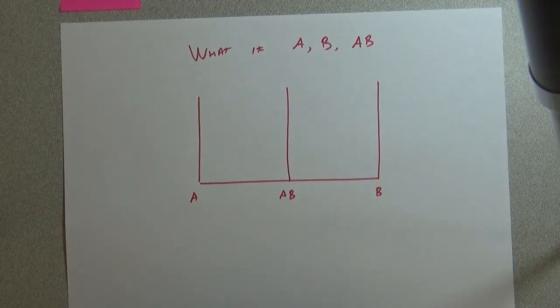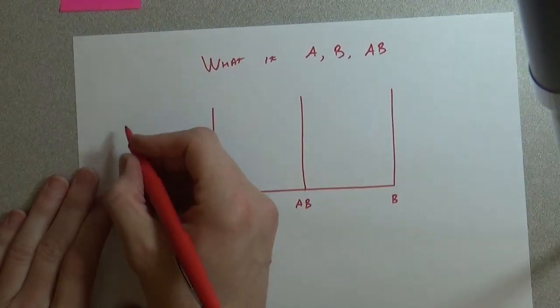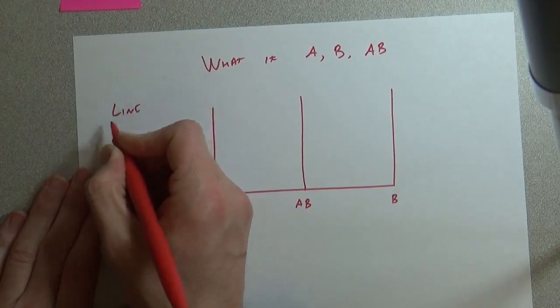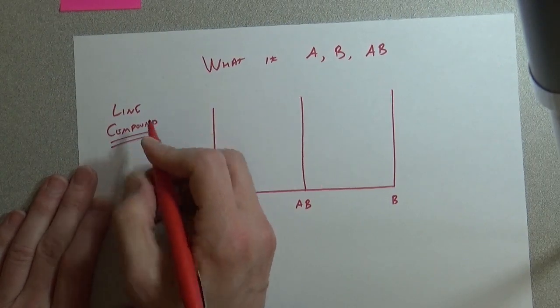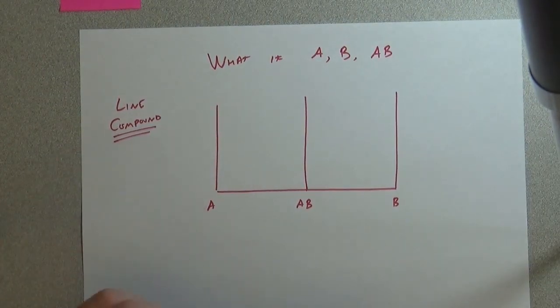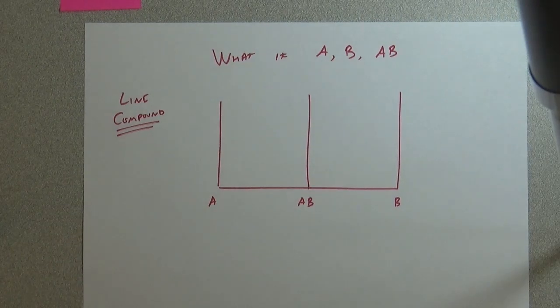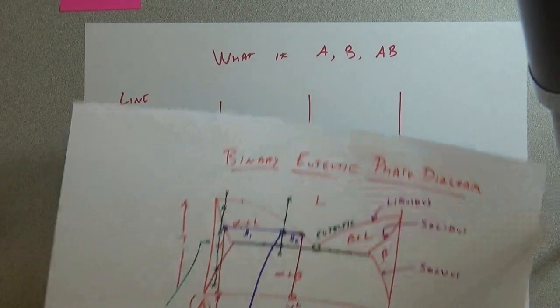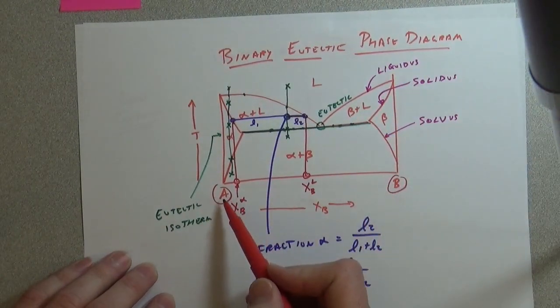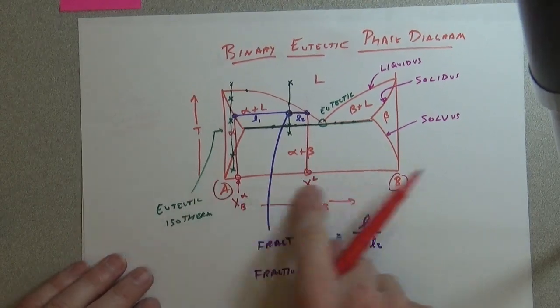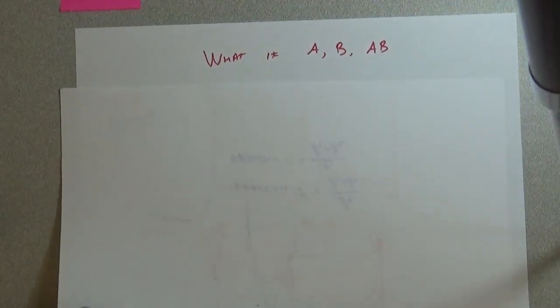And let's say that it is a line compound. So a line compound is a compound that doesn't form solid solutions. So basically they're going to be a straight line. So when I had this binary eutectic, I had beta, which was a solid solution of B and A. If I had a line compound eutectic, it would look something like this.